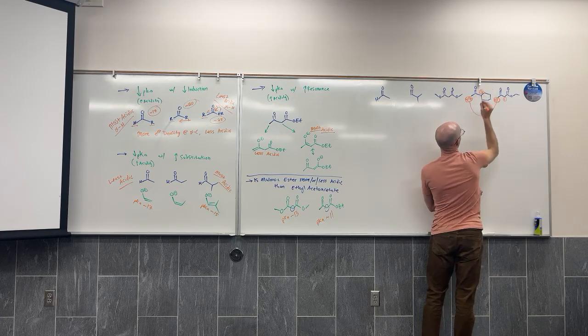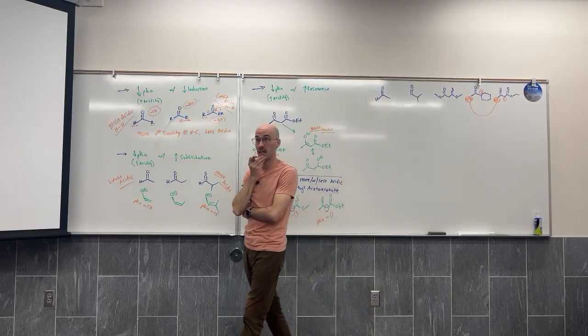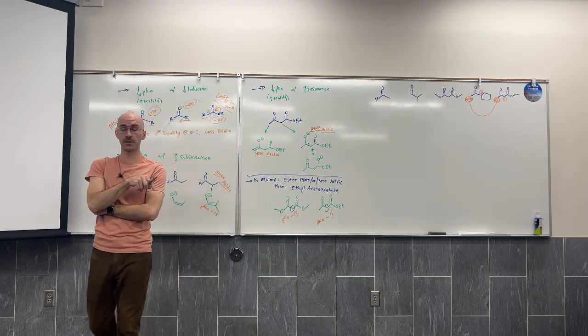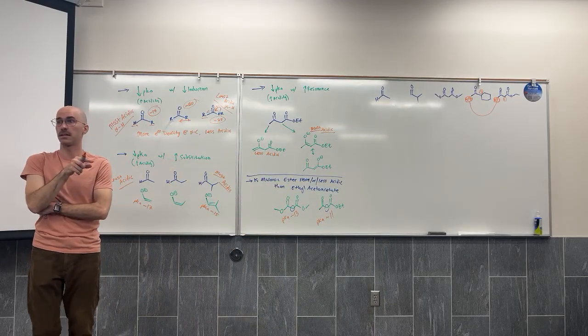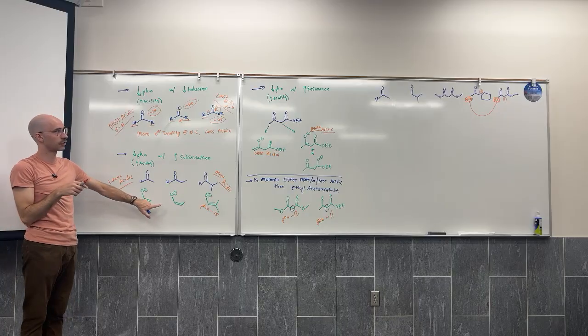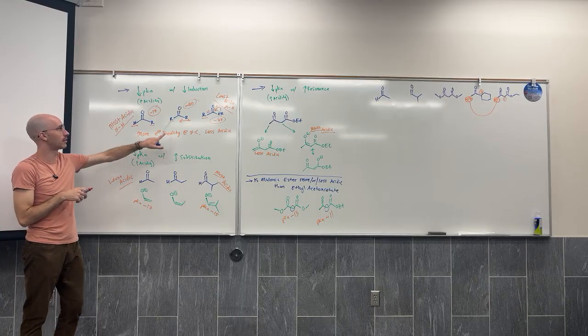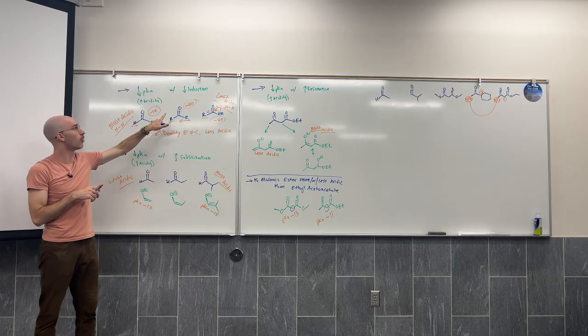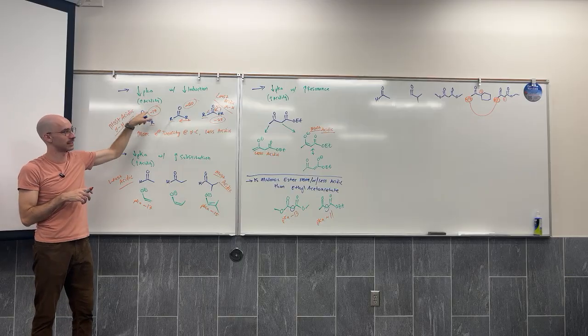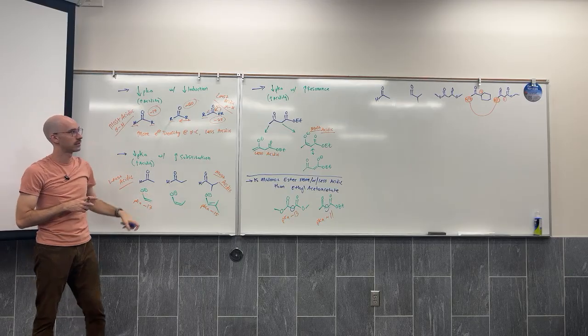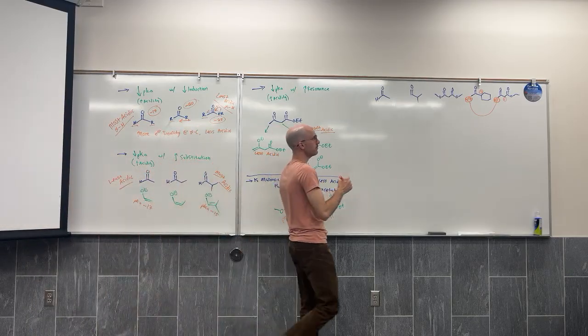Then we can say our 5th most acidic is the ketone on the tertiary side. Because even a tertiary substituted ketone is still less acidic than our aldehydes.